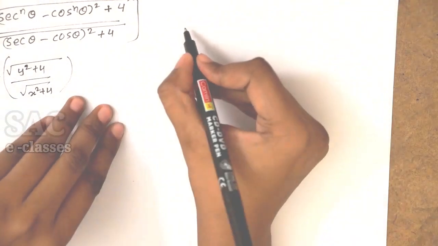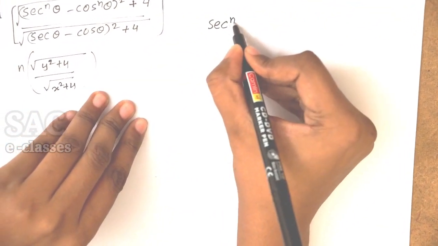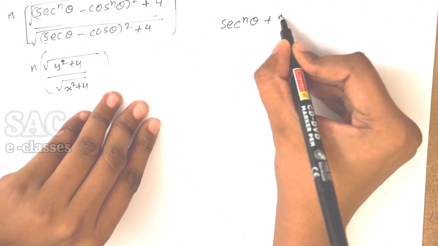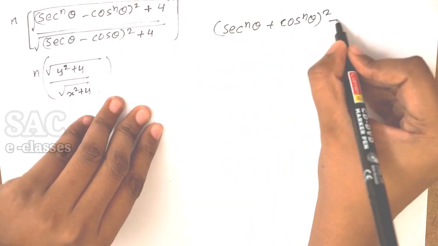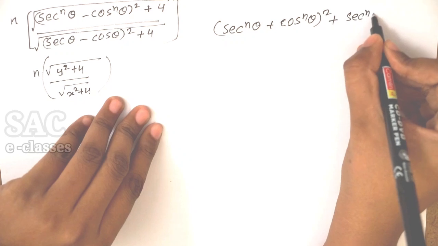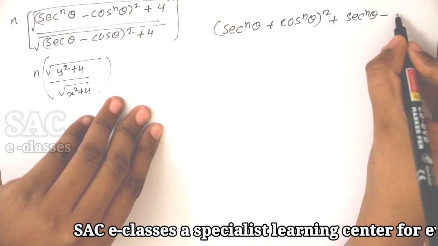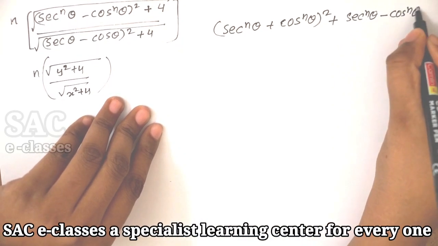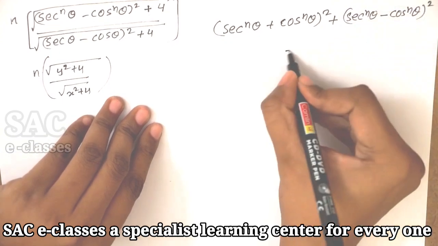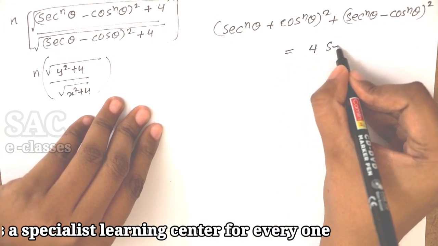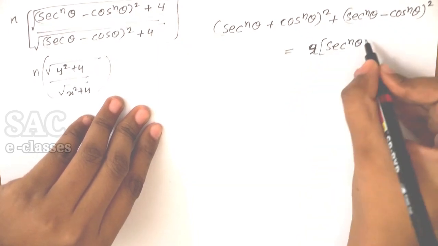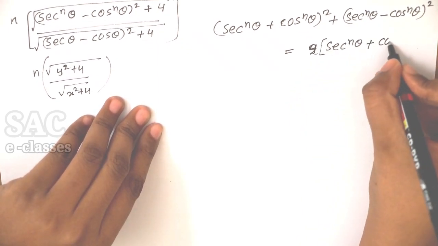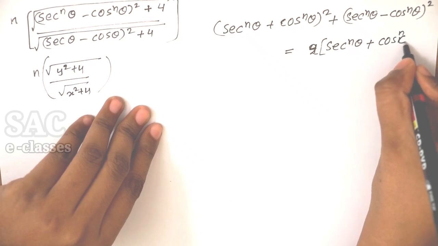But why should we express it in this way? Let me write. You know that secant power n theta plus cos power n theta whole square minus secant power n theta minus cos power n theta whole square is equal to 4 into secant power n theta into cos power n theta.